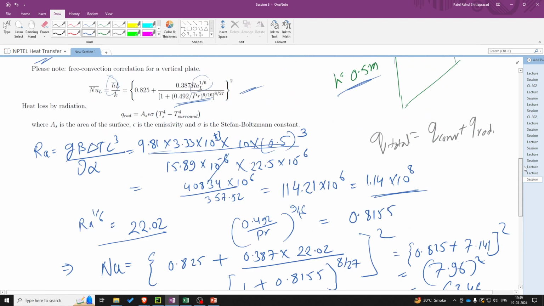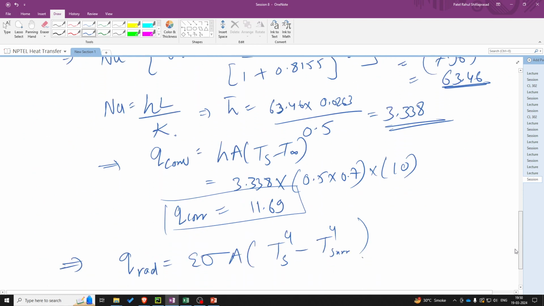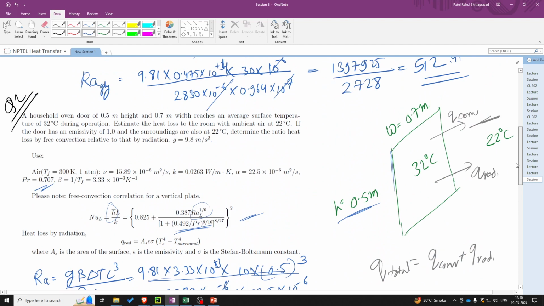Epsilon, I think we were given as 1, emissivity is 1, and the Stefan-Boltzmann constant, we haven't been given, but it is around 5.67 into 10 raised to minus 8, I think. So you can put that value, and the value of area is around 0.7 into 0.5.